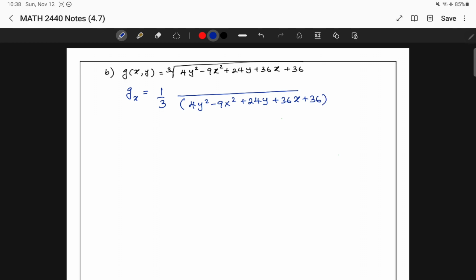So we are using the power rule: 1/3 minus 1, negative 2/3. So in the denominator you have this term. In the numerator you have the derivative of the inside with respect to x. So it's negative 18x plus 36.